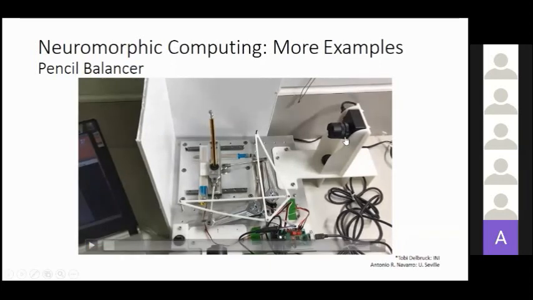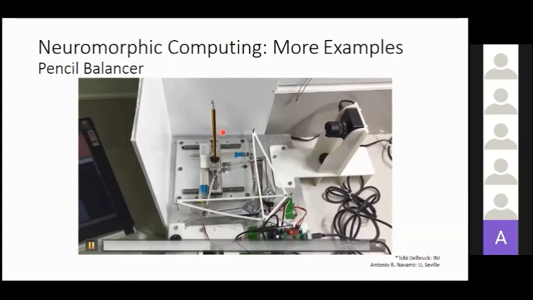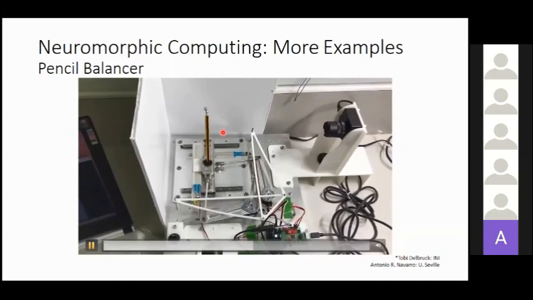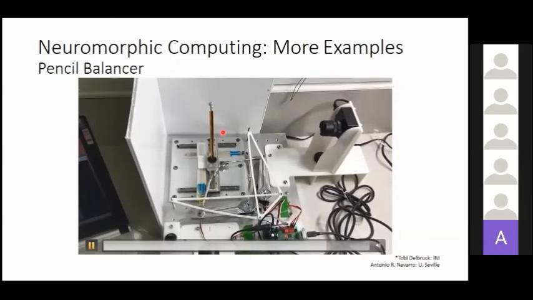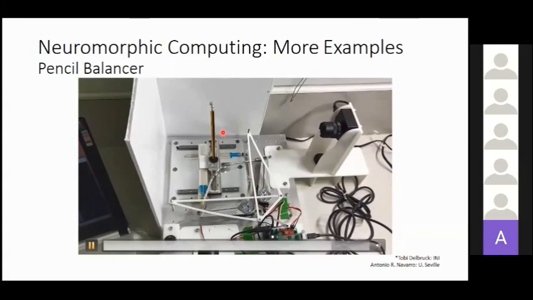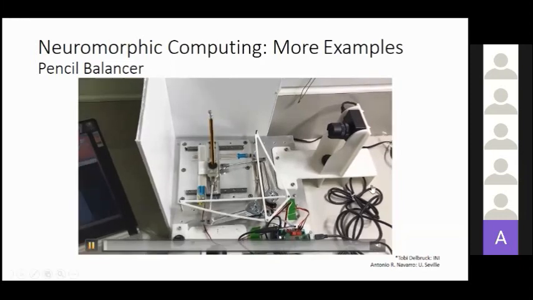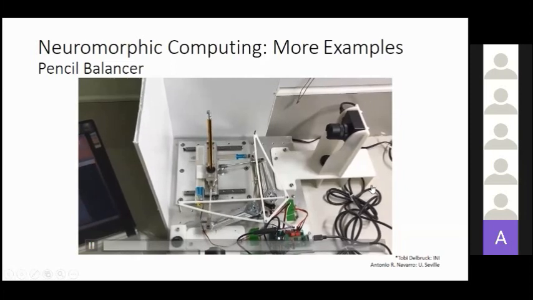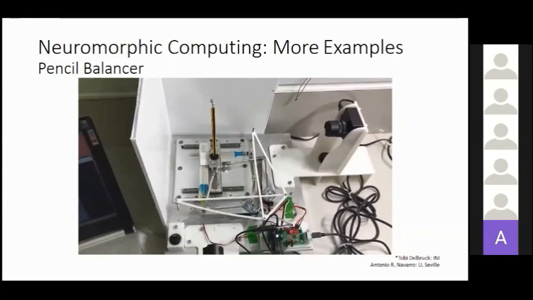So what's happening is this camera is looking at this pencil, and it's trying to balance it vertically. This is possible with a simple feedback loop because of the very high temporal fidelity of this sensor. Since the sensor responds very fast, it is able to detect where the pencil is falling down, and quickly respond and balance the pencil.